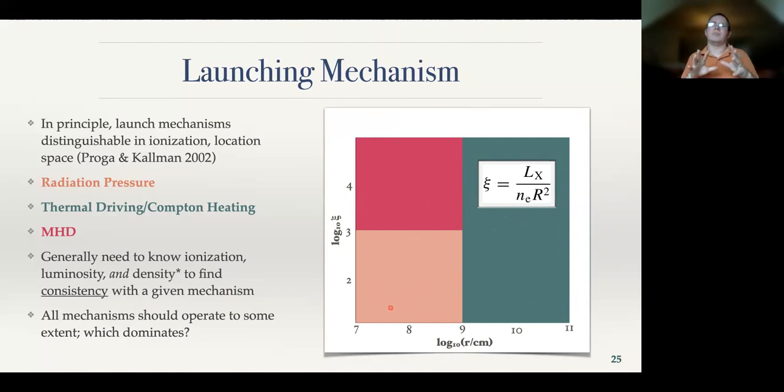Now, part of the subtlety is that all of these mechanisms should be operating at some point. The accretion disk is a magnetic flow, and so to some extent there should be a magnetic wind, but which of those processes dominates in any given system at any given time is a real question.